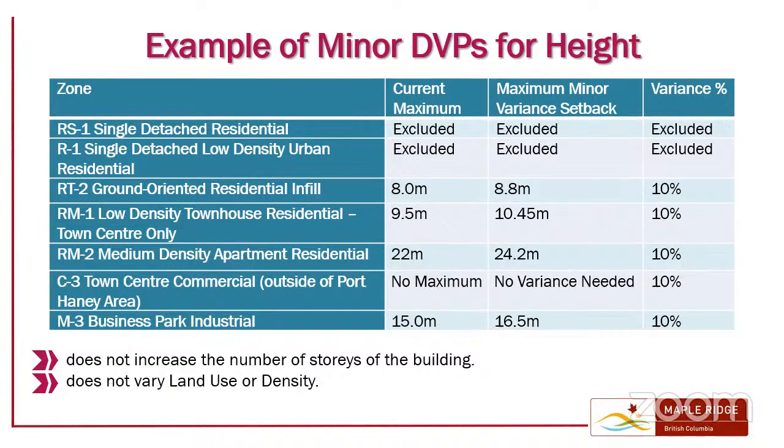But the RT2, ground oriented residential, could receive up to 10%, so going from 8 to 8.8. But remember, going back to those guidelines, there is that caveat: it can't increase the number of stories of the building. It can't vary the land use. It can't increase the density. It's really to assist with those architectural features and variation.